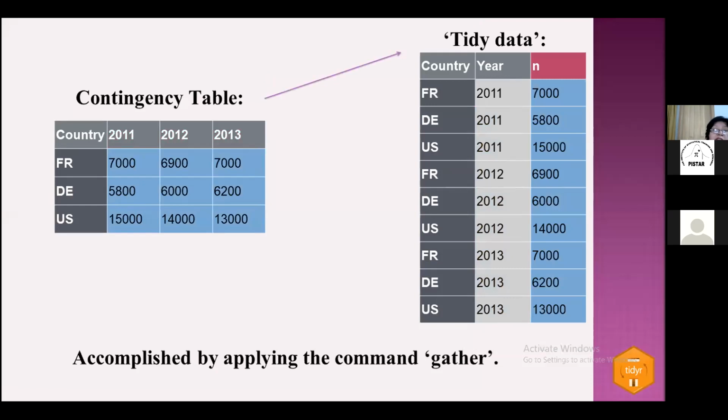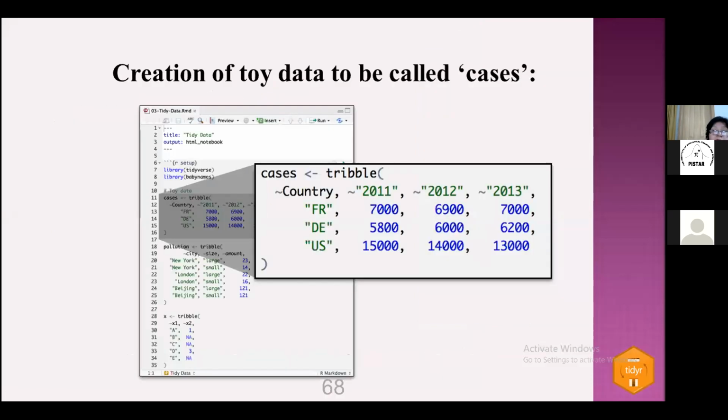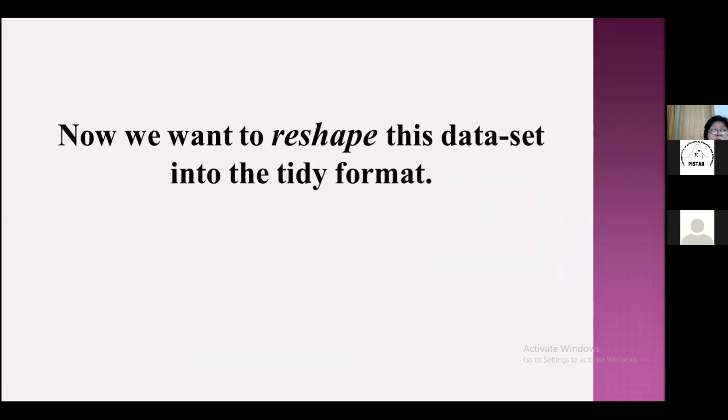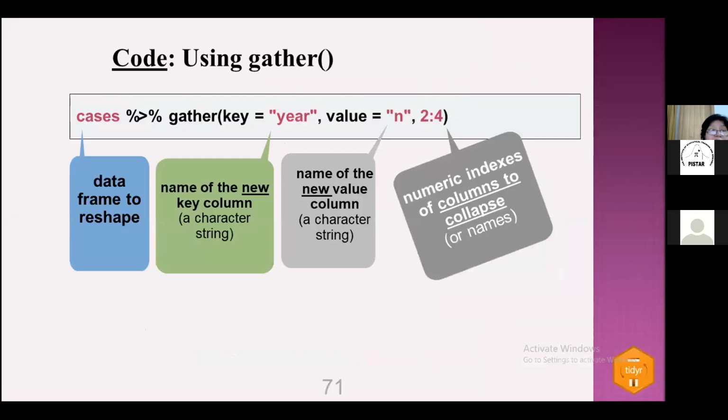So now let me actually give you the code. Now this is the toy data. This slide has been repeated. And this is the table we got. And now to reshape it using this command, this is actually the way you will do it. First of all, you write the name of your data set.